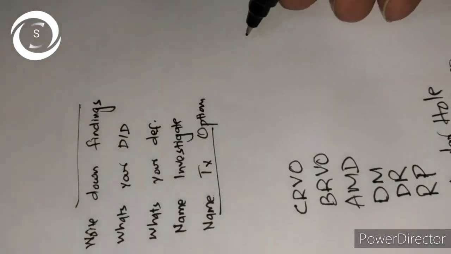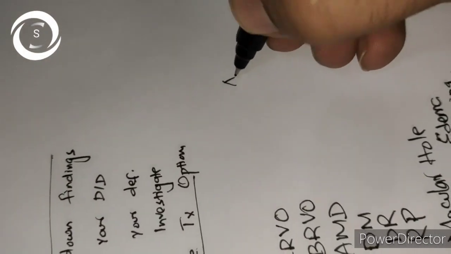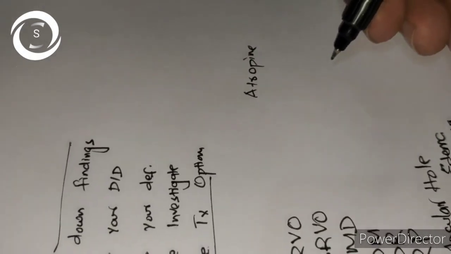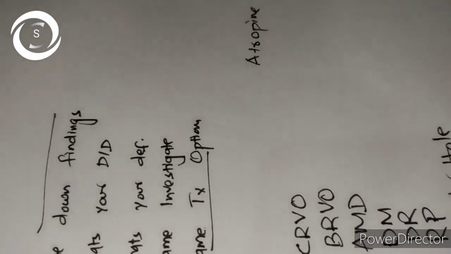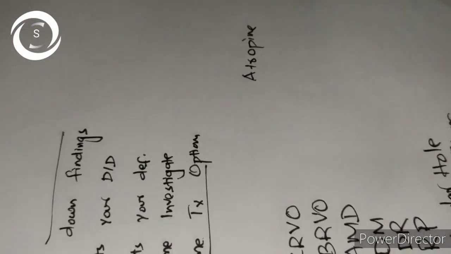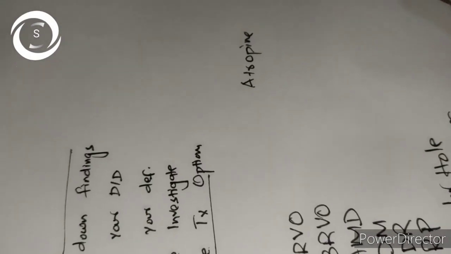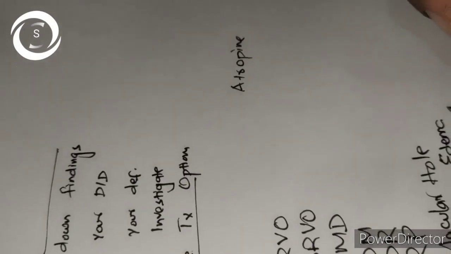Then in the ophthalmic pharma station you can have atropine: which class it belongs to, what are the uses, indications, what are the systemic and ocular side effects. These can be asked.